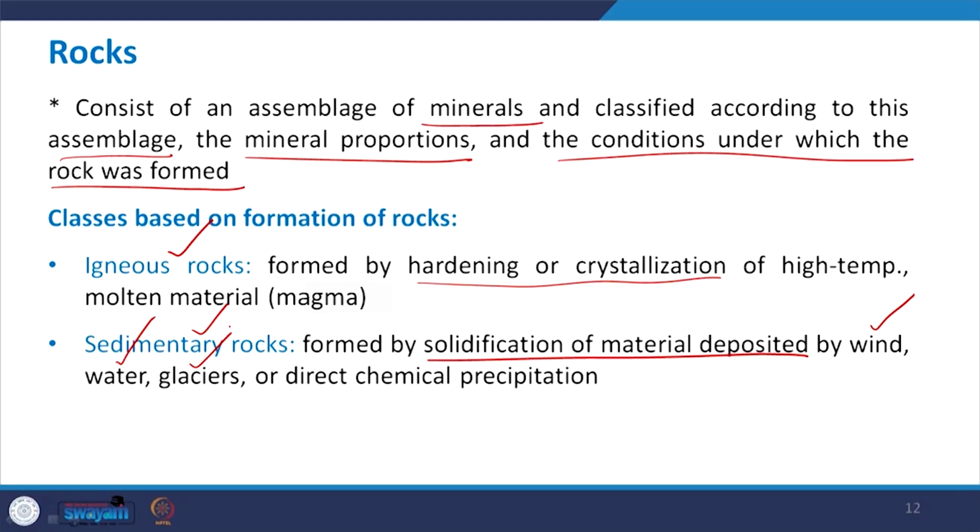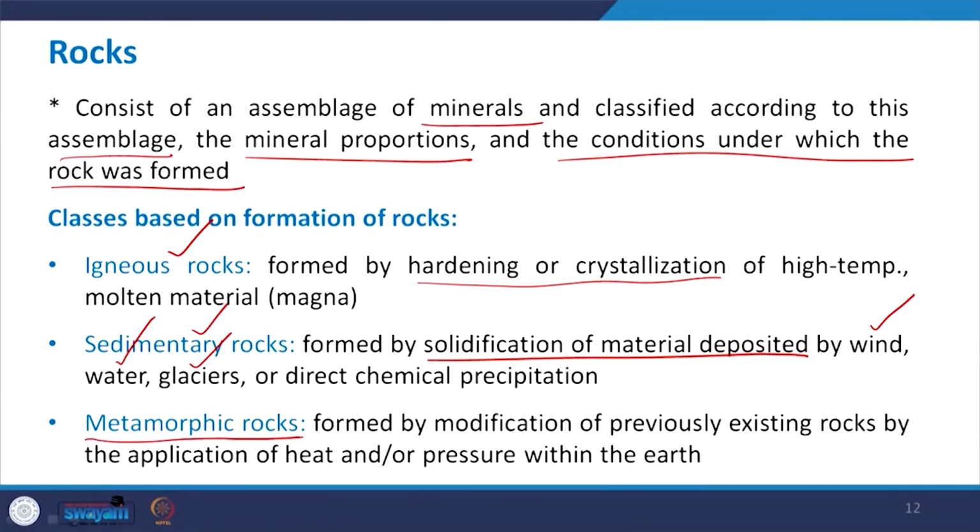As against igneous rocks, sedimentary rocks are formed by solidification of deposited material. The material gets transferred from one location to another, and if it lies at that other location for many years, it gets solidified and gives rise to sedimentary rock.